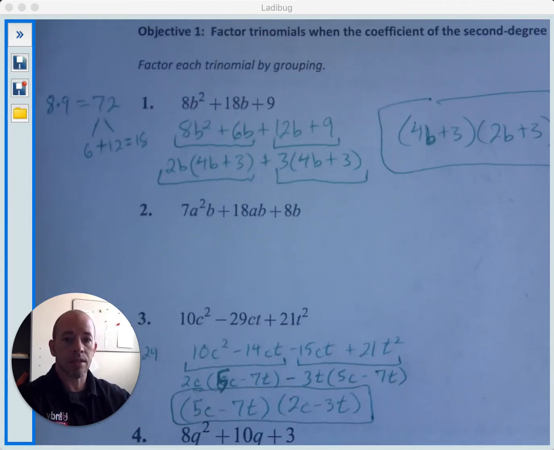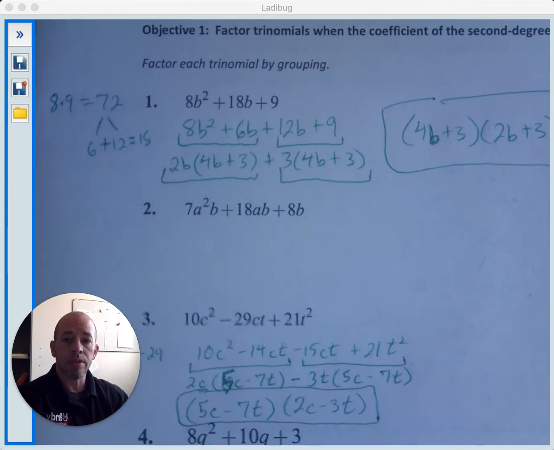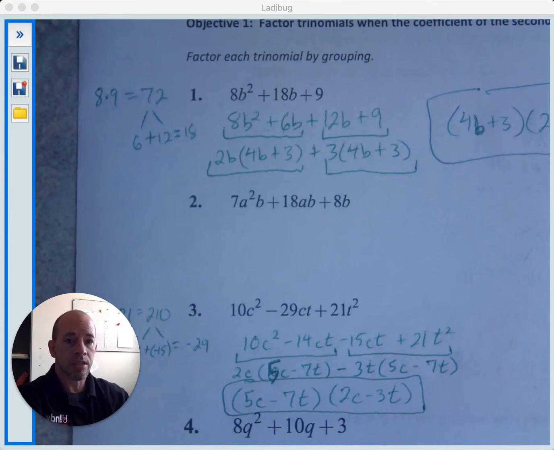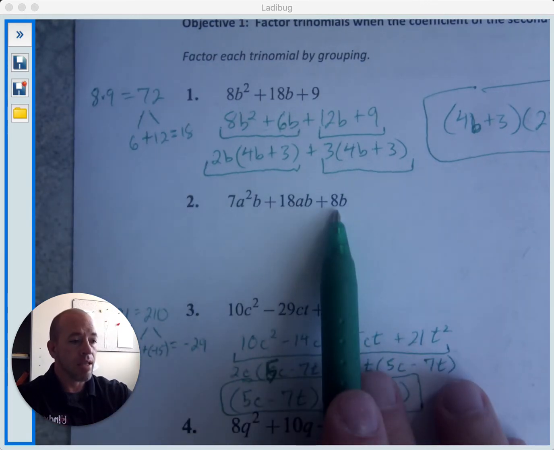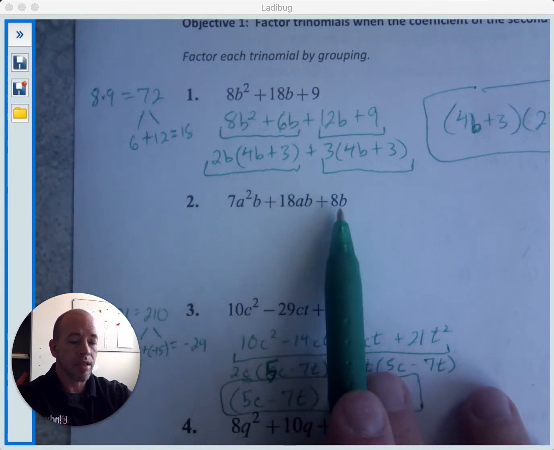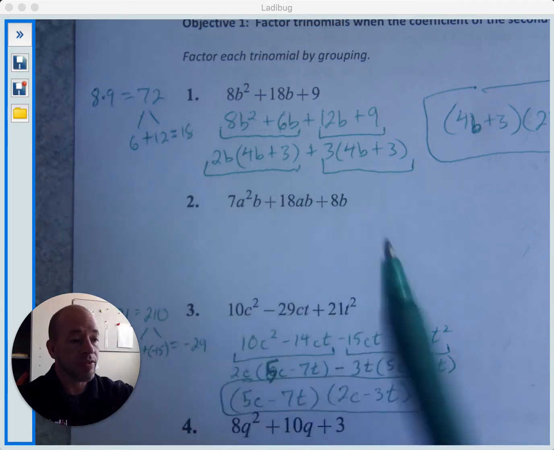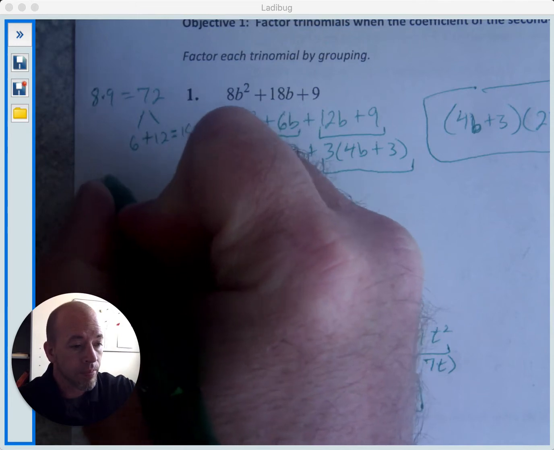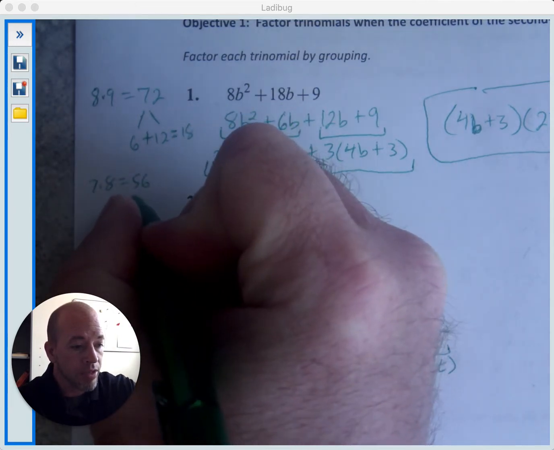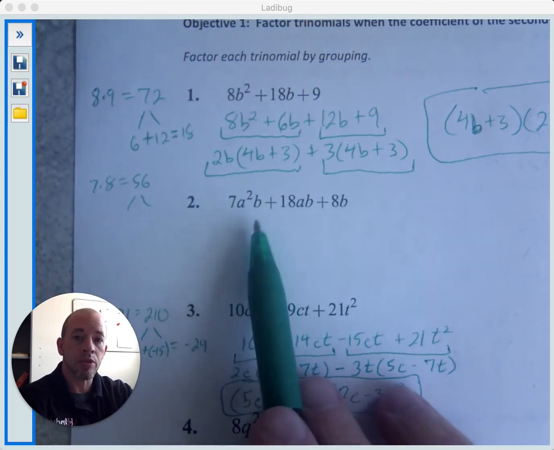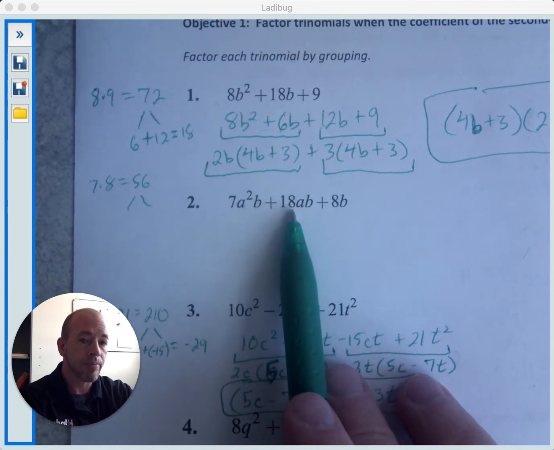This one has this extra variable, but we really do it the same way. We take the coefficient, 7 and 8, leading coefficient, and coefficient of the last term. We multiply those together. 7 times 8 is 56. And we find two factors of 56 that add up to the middle term, or the middle coefficient, 18.